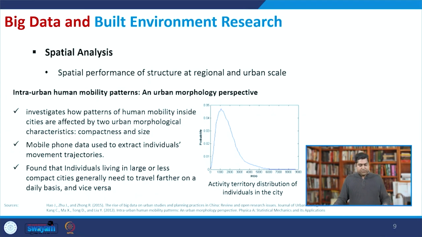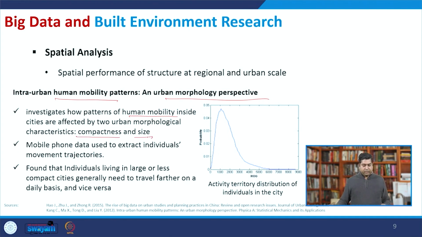When you talk about the spatial performance of structure at regional and urban scale, there is the inter-urban human mobility patterns and urban morphology perspective, a case study which investigates how patterns of human mobility inside cities are affected by two urban morphological characteristics: the compactness of the space and the size.